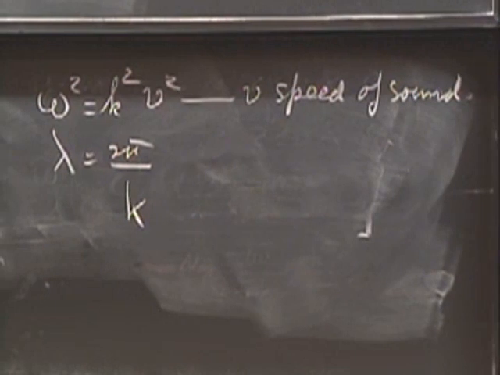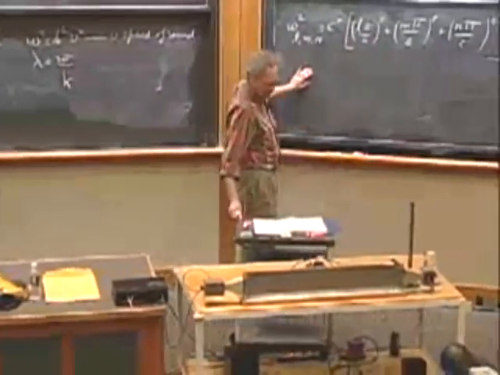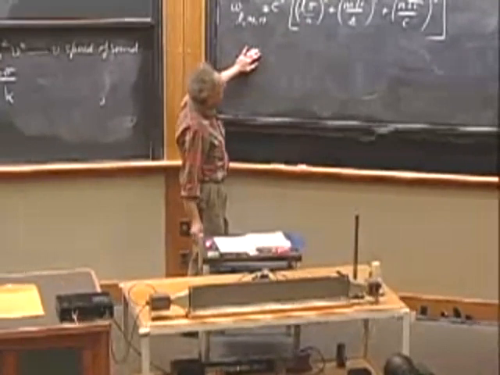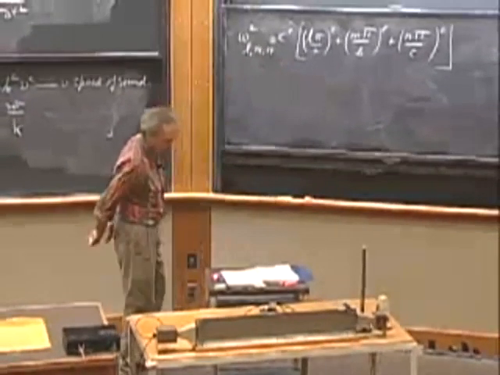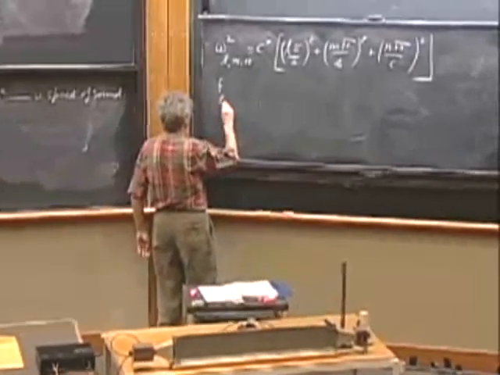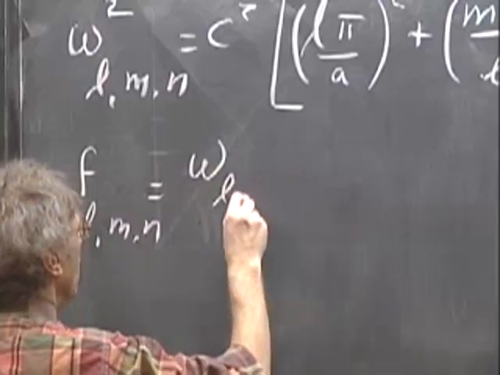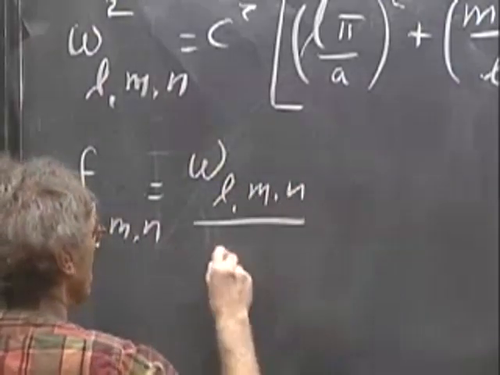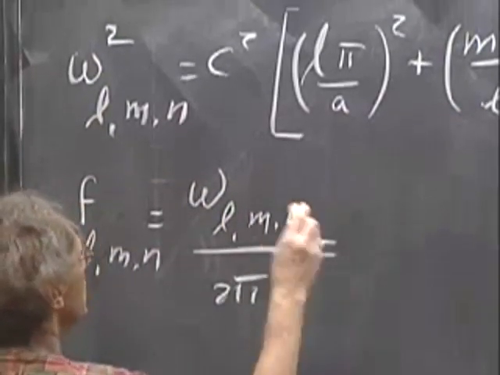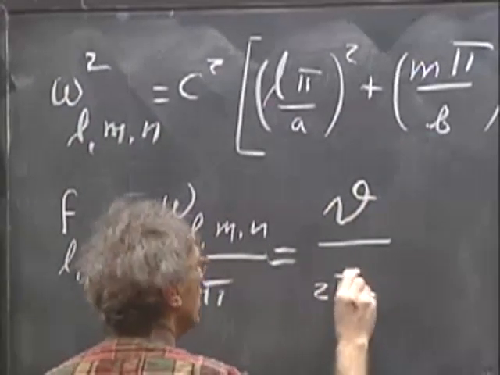I'm going to rewrite that equation on the blackboard in terms of frequency in hertz, because it's going to play a key role in the demonstration that is coming. So it is exactly the same result that you see here, but I'm going to write it now as f as a function of L, m, n, which is omega L, m, n divided by 2 pi, which is therefore v, which is the speed of sound, divided by 2 pi.